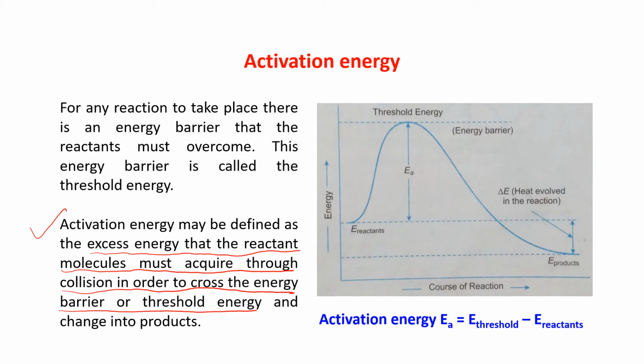The collisions which cross the energy barrier will give you the product. So to cross that energy barrier, these reactant molecules must be activated. And this activation may be done by some external means, like an increase in temperature.